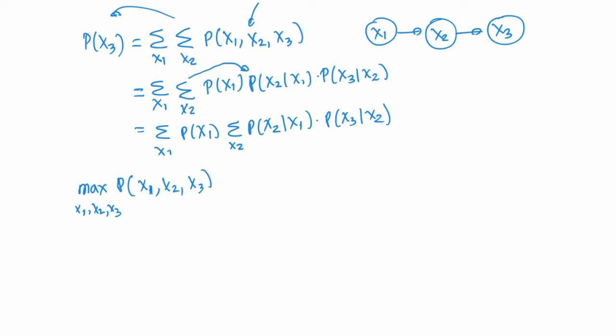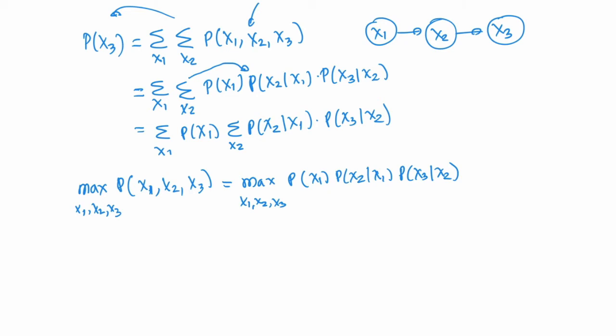What we can do, again, is rewrite this as the max over x1, x2, x3 using the chain rule on the Bayesian network: p(x1), probability of x2 given x1, probability of x3 given x2. And what is interesting in terms of math is that the same property that is valid for the sum is also valid for the max. So we can move the max to positions that let us eliminate the variables sooner.